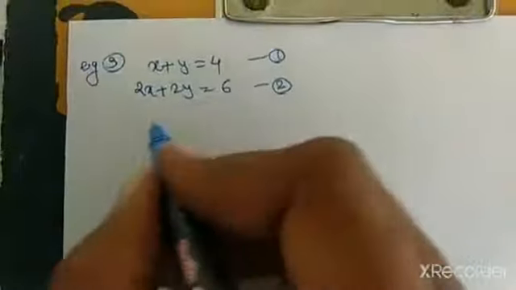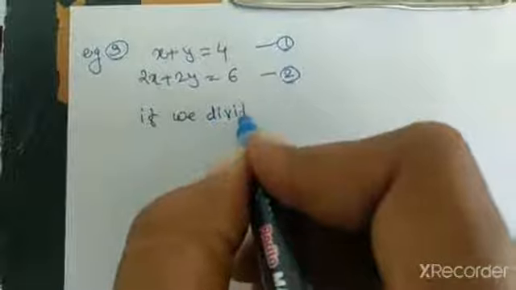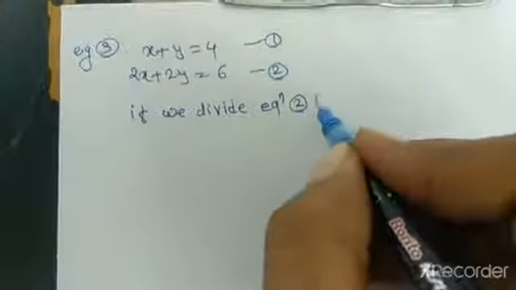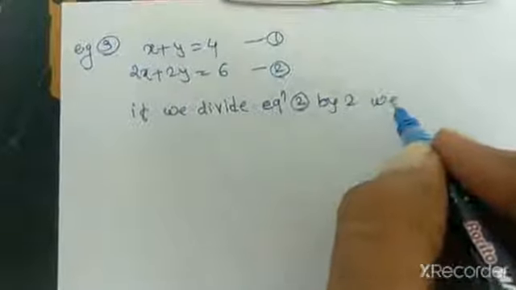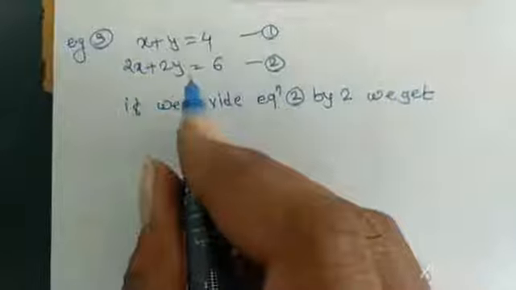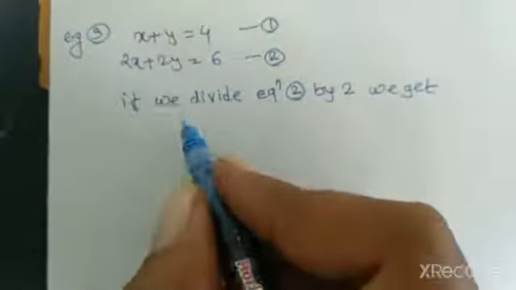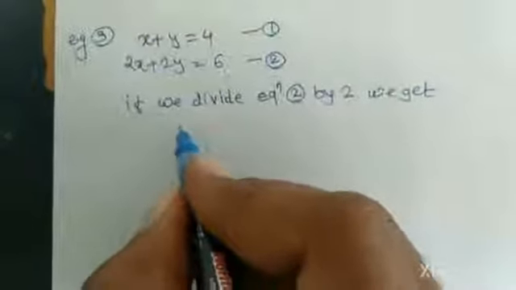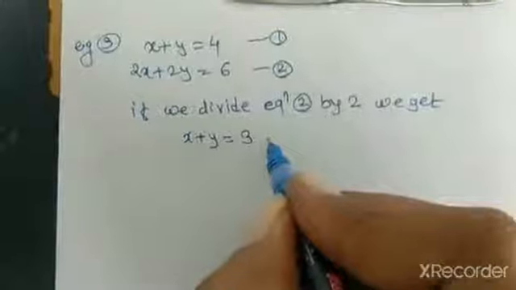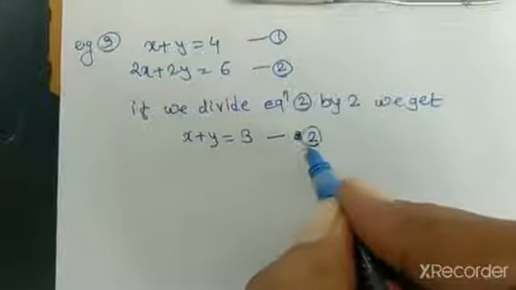Now if we divide equation 2 by 2, taking 2 common out on both sides, we get x plus y is equal to 3, which we consider as equation number 2.